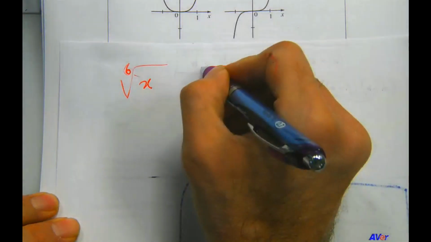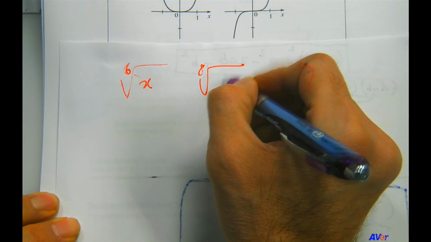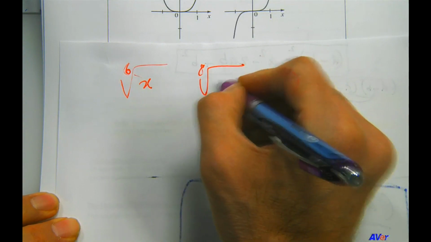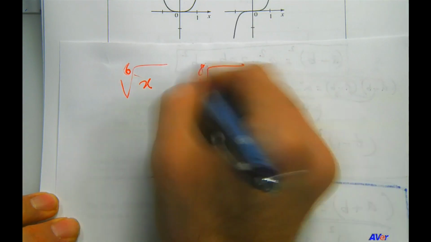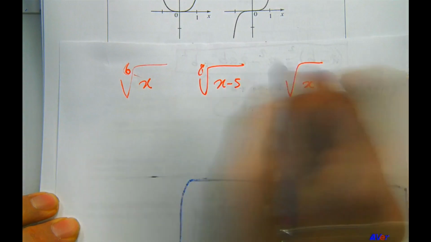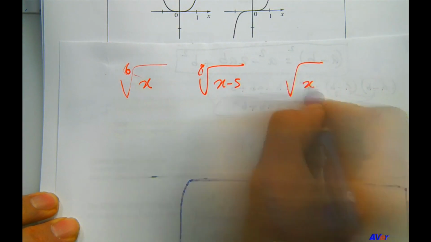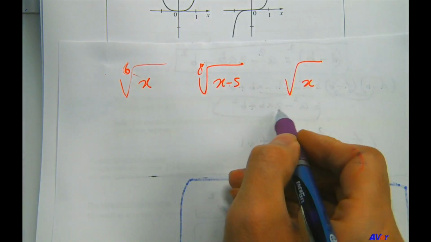The eighth root of, say, x minus 5, that's an even root. Whenever you have an even root, and a square root is also an even root, right? Every time you have an even root, you cannot have inside be a negative number.